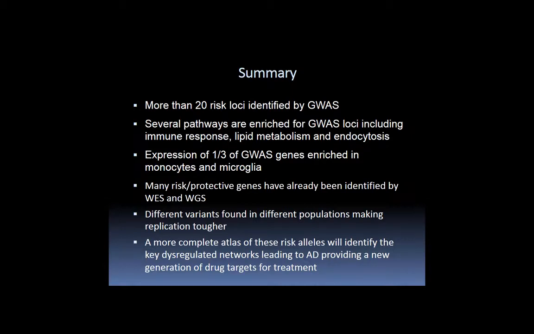If you sequence 1,000 people for a gene, and you take 1,000 people from a different population, you won't find the same variants. Hopefully, if the gene's real, you'll find different variants in the same gene, enriched in the cases in that population. And so we're going to really need a much more complete atlas of these risk alleles to be able to completely figure out what the networks are that are contributing to disease.